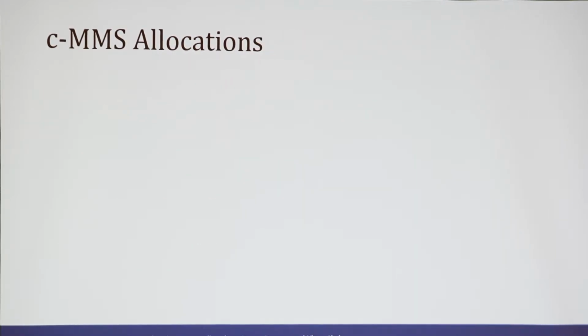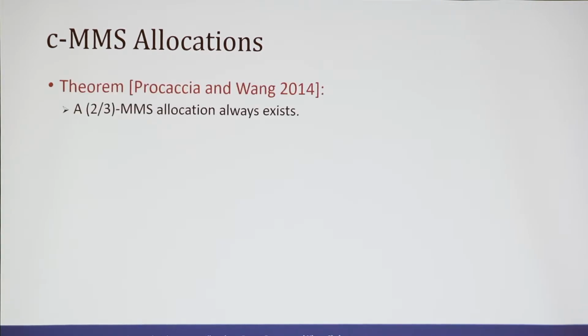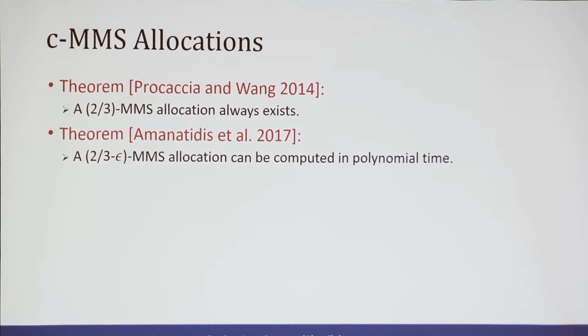Well, there's been a long chain of results on this since that original 2014 paper. Procaccia and Wang showed in that same paper that a 2/3 MMS approximation always exists. They had an algorithm to compute it, but it didn't run in polynomial time. That was improved by Amanatidis et al. in 2017 to show that they could compute a 2/3 minus epsilon approximation in polynomial time.